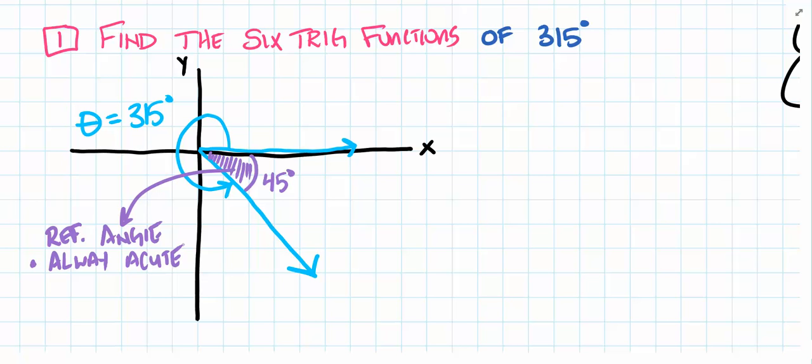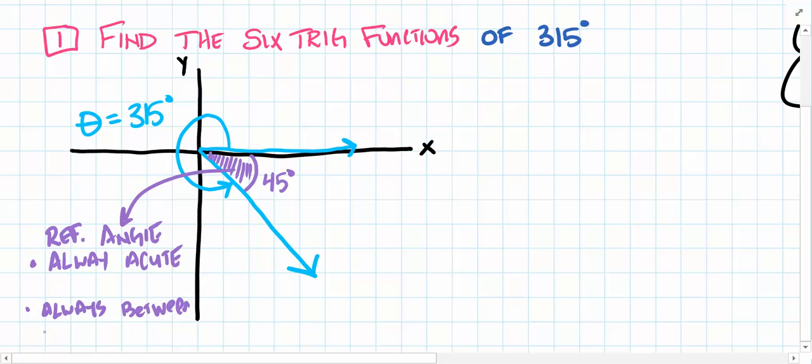It's acute. The other thing that's really important is that it is always between the terminal side and the x-axis. Okay, it's always between the terminal side and the x-axis.